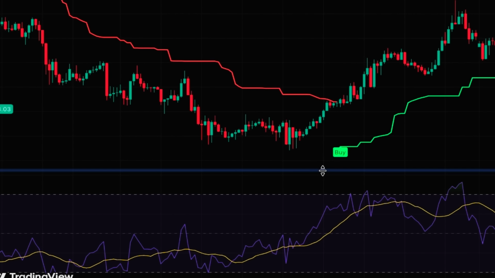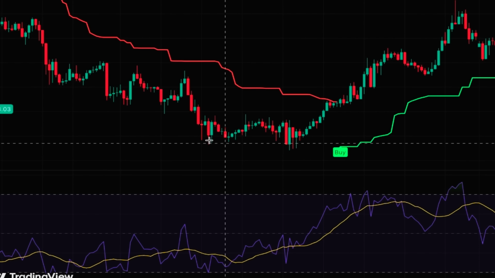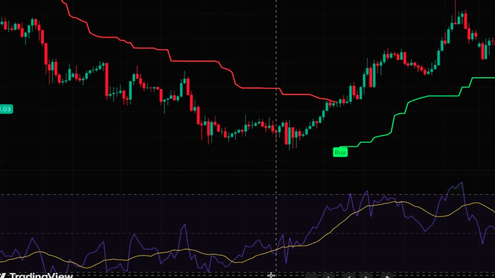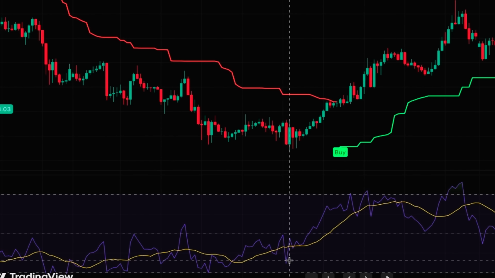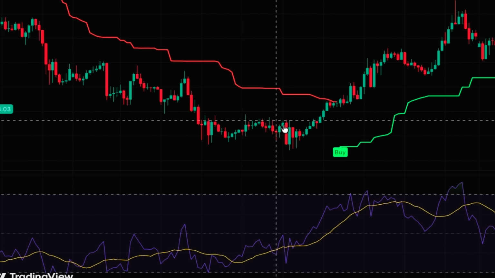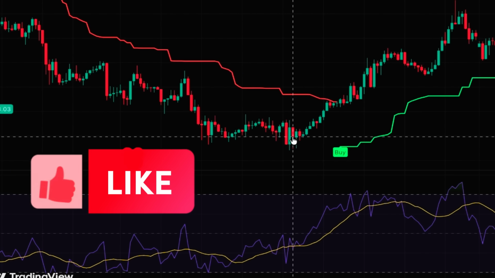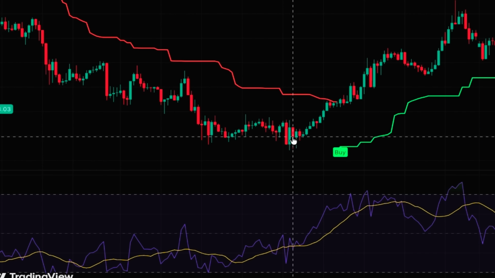Before the signal, here following the downtrend, you can see that the price made a lower low, but when we check RSI, we can see that RSI made a higher low. This is called bullish divergence, and it tells us that the downside momentum is weakening, and on the other hand, the upside momentum is gaining strength. This is a leading signal that probably an uptrend is going to form on the chart.